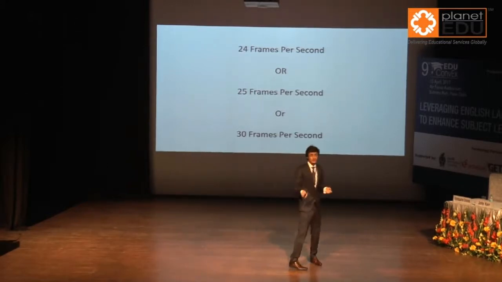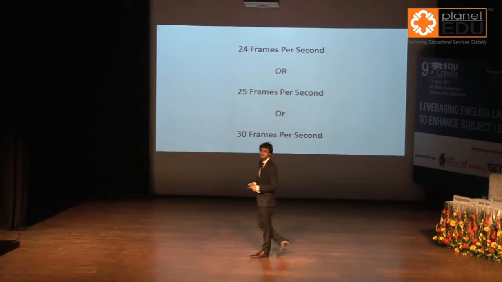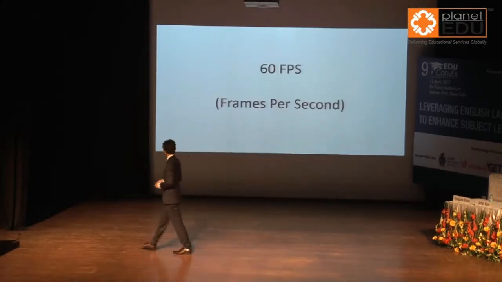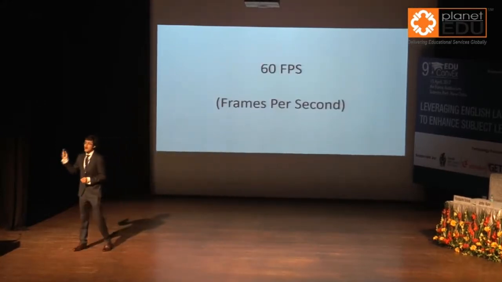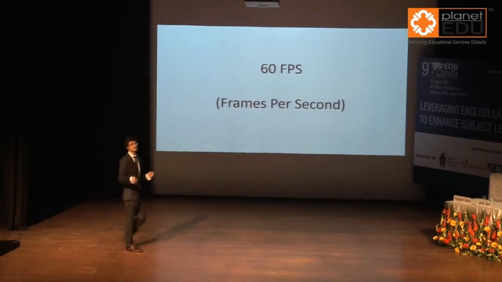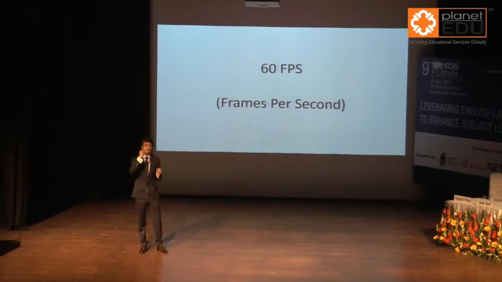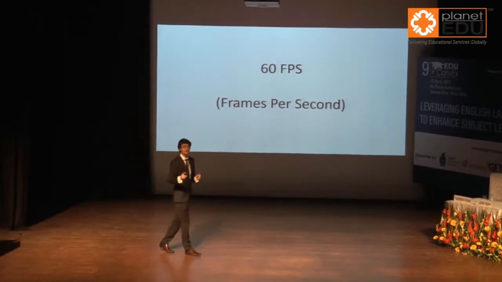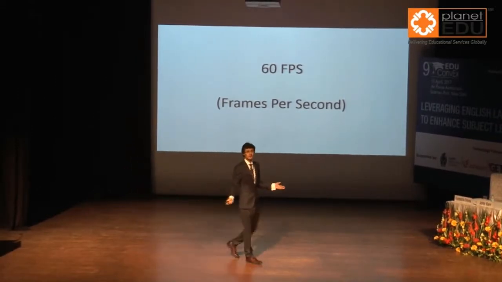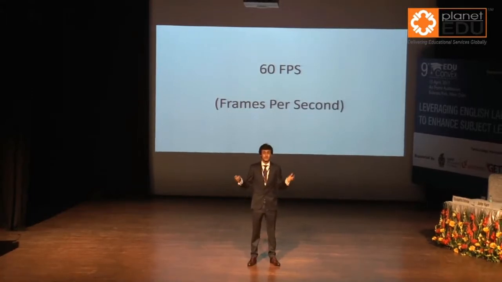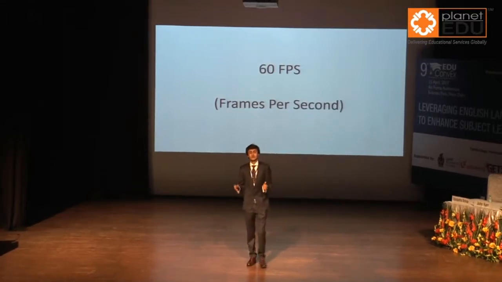But for virtual and augmented reality, that's still not enough. Why? Because they require a high frame rate of 60 frames per second. That is 60 still images flashed in front of your eyes every second. What for? To make things look real.